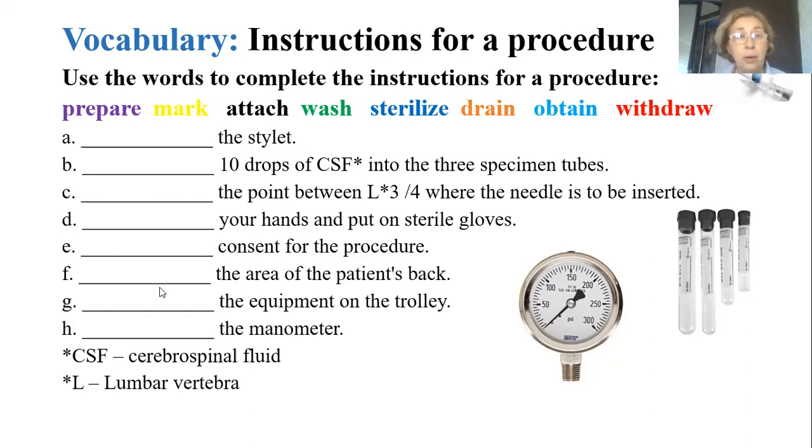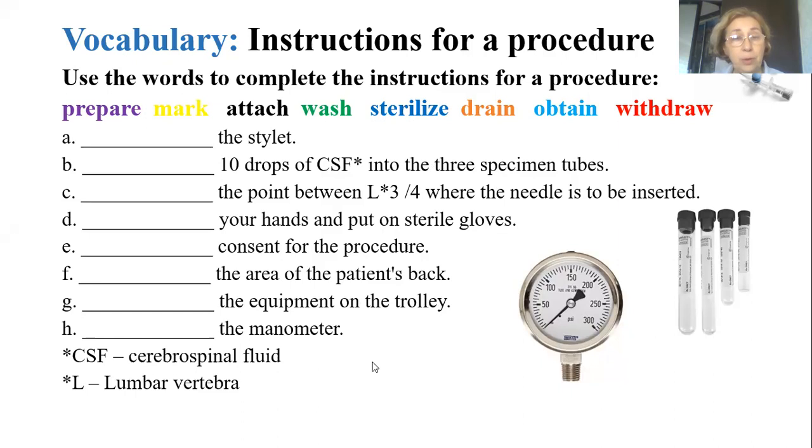Okay. Now, if we look at sentence C, this is the point between lumbar vertebra 3 and 4, where the needle is to be inserted. So we can see that this is about inserting a needle inside the body of the patient, and as this is a vertebra, this is the back of the patient's body.